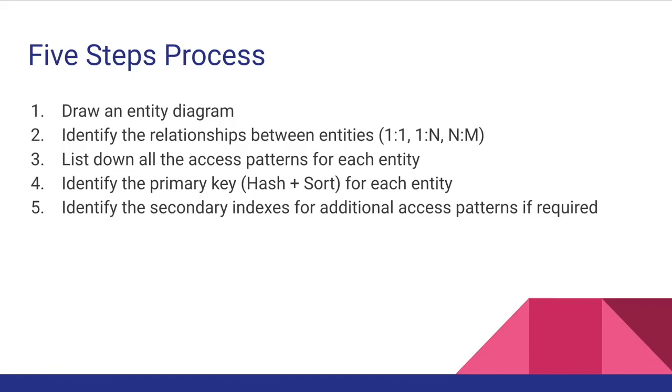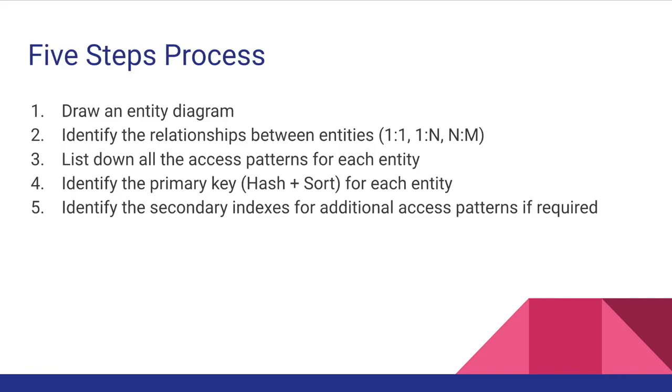Number 3, list down all the access patterns for each entity. Now, this is the most important step of all. You should spend enough time at this step and identify almost all the access patterns required in your application. These could relate to CRUD operations, filters, etc. Number 4, identify the most suitable primary key, the hash key and the sort key for each of your entities.